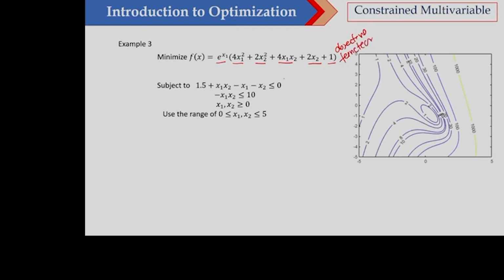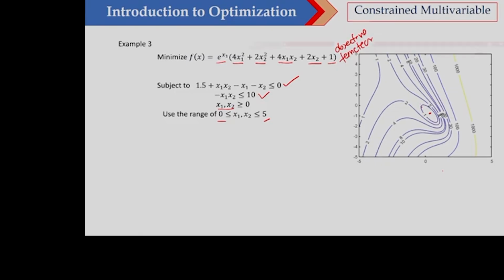We have two constraints, this is the first one and this is the second one, and x1 and x2 are positive, between 0 and 5. The unconstrained optimization solution is somewhere here. This is the contour plot of this particular objective function, but the constrained solution will be somewhere here.